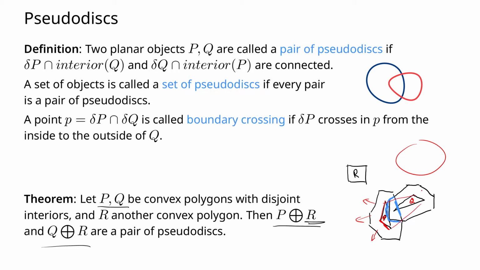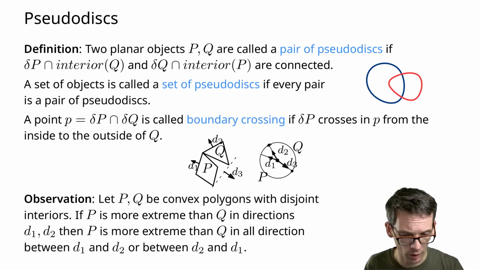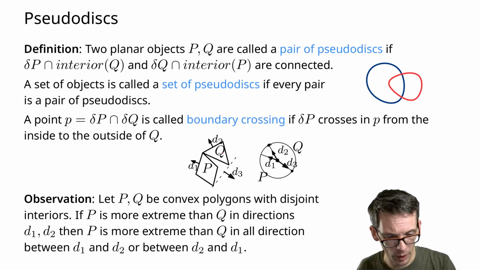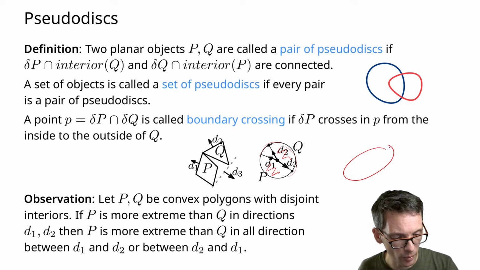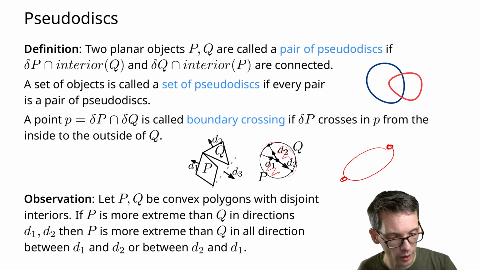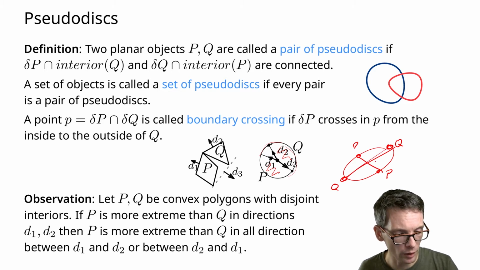Then in these directions here, Q is extreme. And we only switch once from P to Q. And we can only switch once from P to Q because, so let's have a drawing here. So here we have P and Q, and as I illustrated in the space of directions, here Q is extreme, there P is extreme. And if that would be different, so if Q would be extreme here and here, and I would see P here and here, then it would mean that because they're convex, all of this is in Q, all of this is in P, meaning that they would need to intersect.